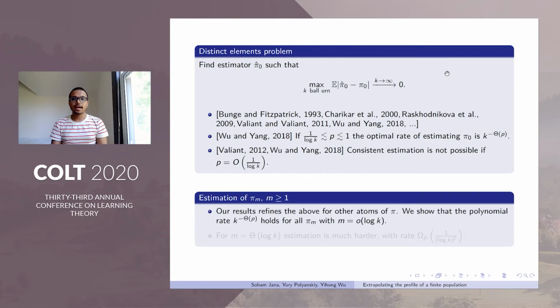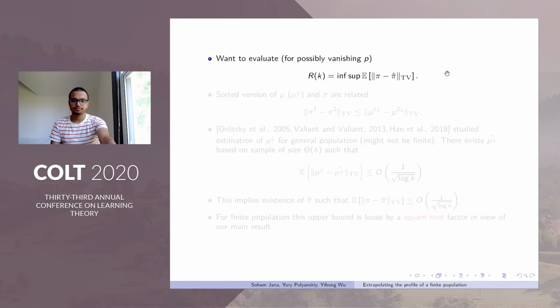In our paper, we actually improve the existing result and show that for other atoms of pi, for example pi m when m is smaller than log k, we also can get a polynomially small rate in estimation. For m being a constant multiple of log k, we show that the estimation is much harder and the rate is much bigger than 1 over log k whole square.